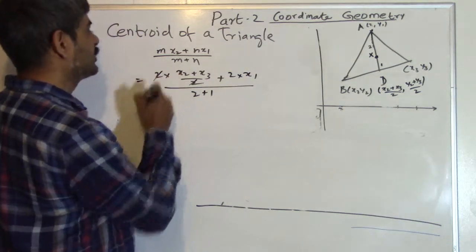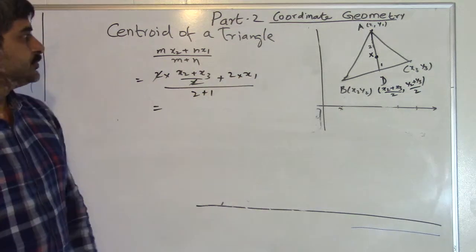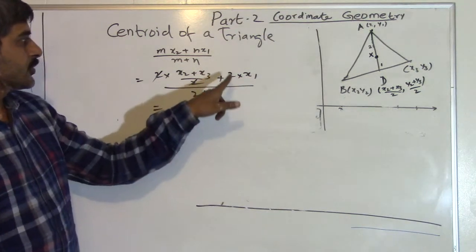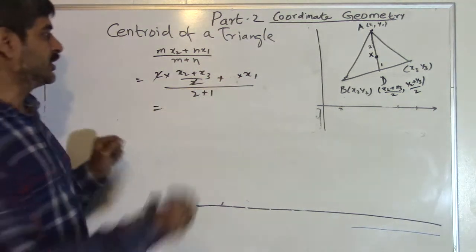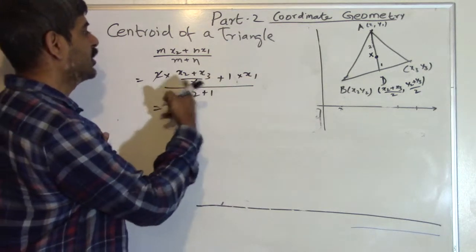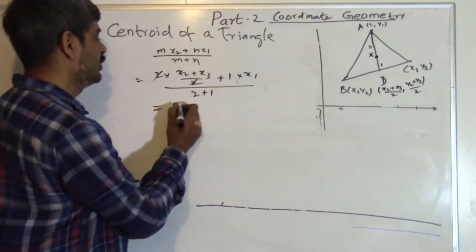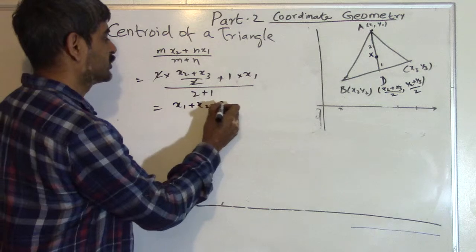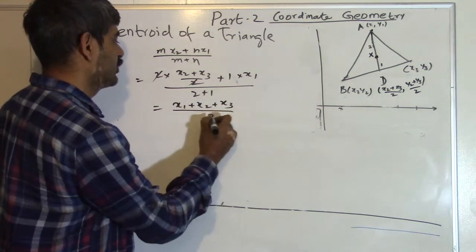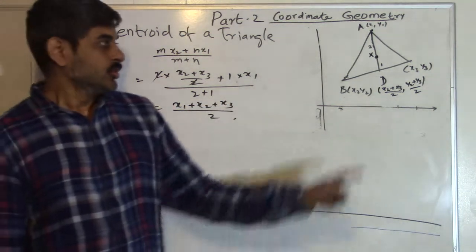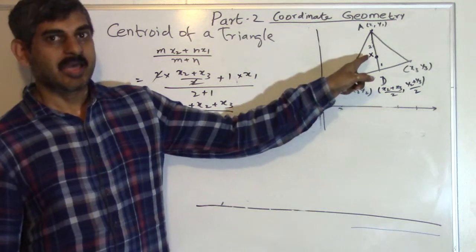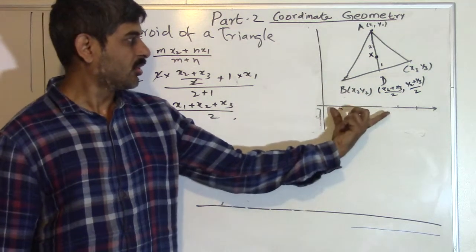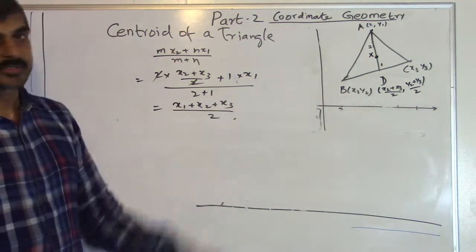Now the 2 cancels. We have n as 1 here. So it becomes (x1 plus x2 plus x3) divided by 3. So the point X has x coordinate (x1 plus x2 plus x3) by 3.